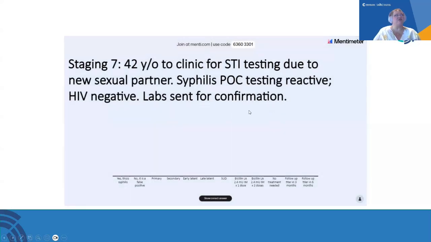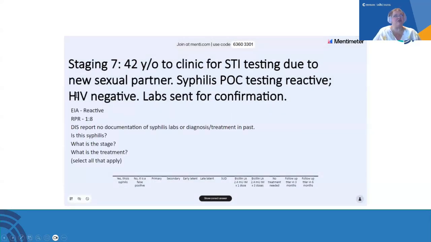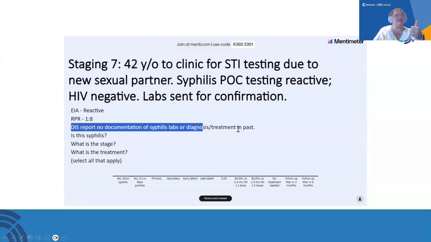Okay. Here's STI testing because he has a new sexual partner. Point of care is reactive. HIV is negative. It comes back reactive at 1 to 8. So right there, we have 2 tests that are agreeing it's syphilis. So we know it's syphilis in some form or fashion. There isn't any history on it.